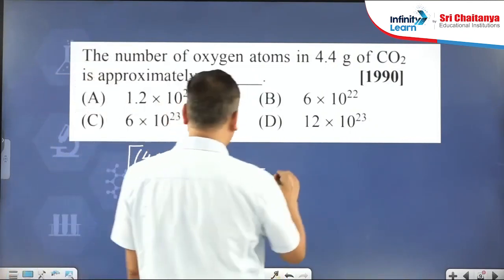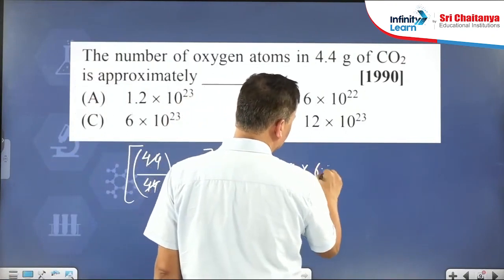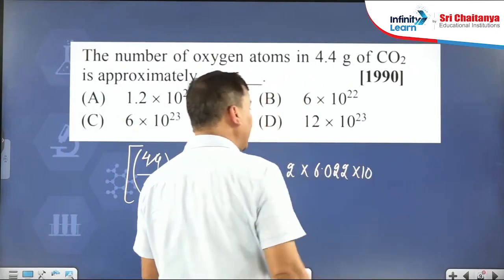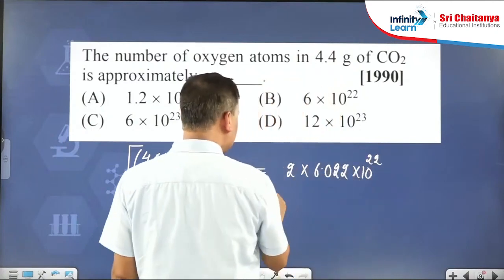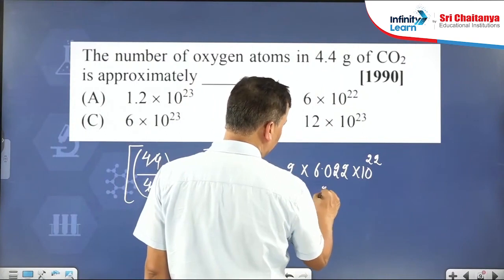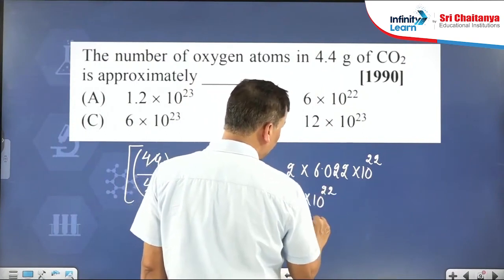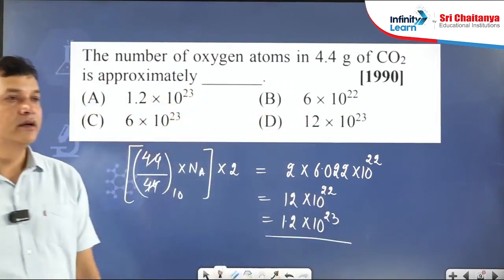So that is equal to 2 into 6.0 and 2 into 10 raised to power 23. Now it will become 22. So 12 into 10 raised to power 22, and that is equal to 1.2 into 10 raised to power 23. Is that clear or not?